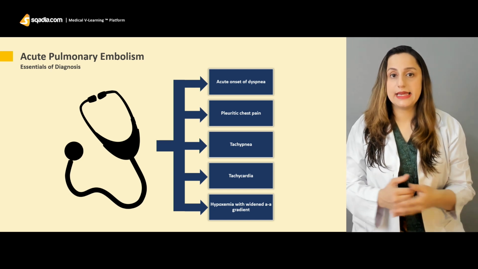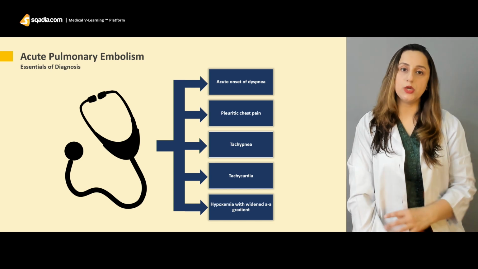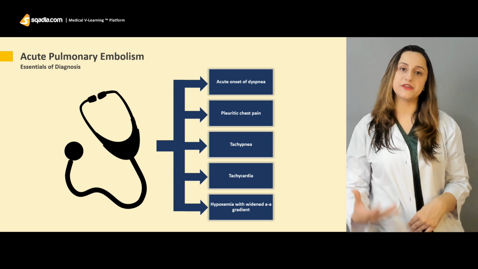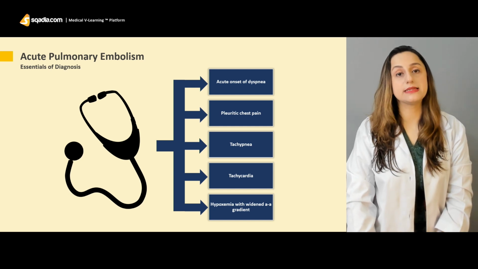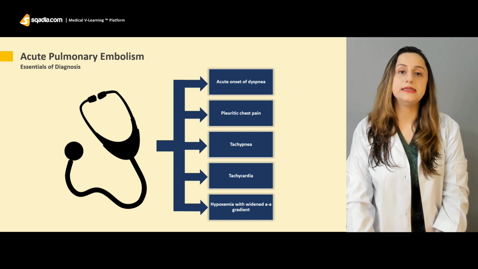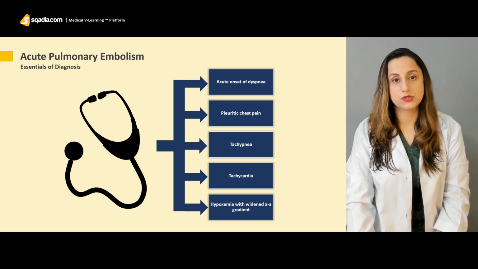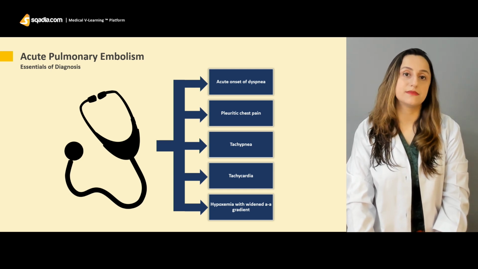When you take the history from an asthmatic patient, he or she would give you a history that he developed the difficulty in breathing over a period of weeks. He had been suffering from this difficulty of breathing, and cyanotic episodes would also be coupled with this difficulty in breathing in the history of asthmatic patients.